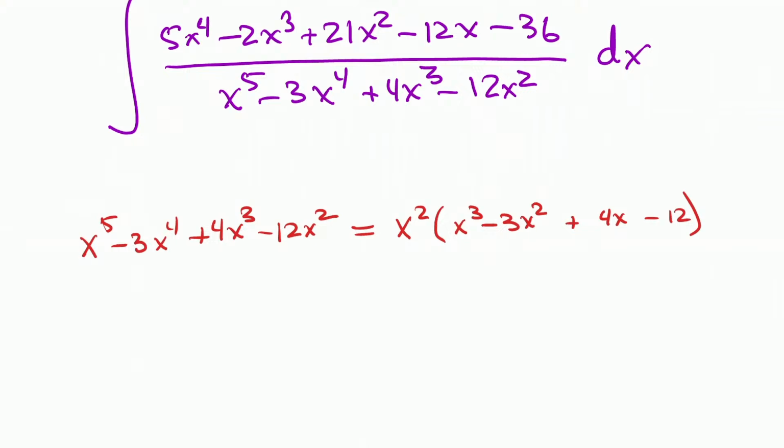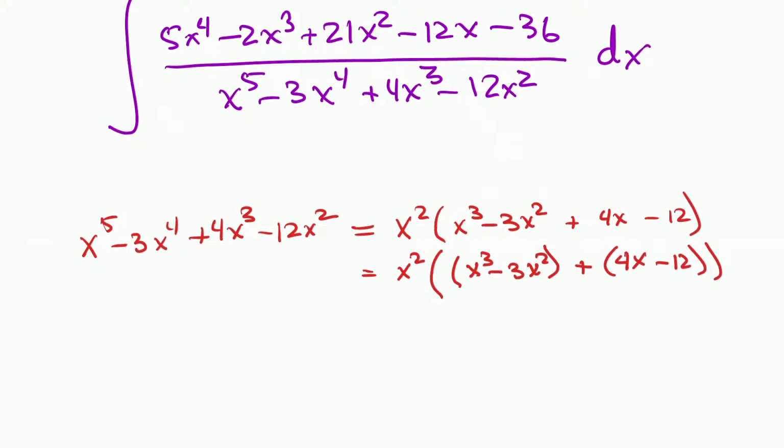It's called factoring by grouping or splitting off variables, if you want to call it that. Very nice. In case you're not as quick as Americo, let me group these for you so you can see what the groupings are: x cubed minus 3x squared, and then 4x minus 12. So there are the groupings.